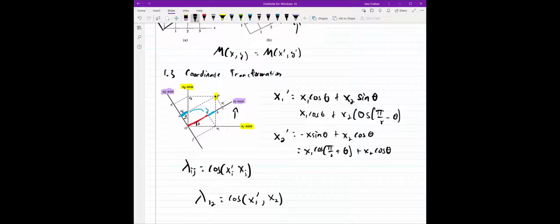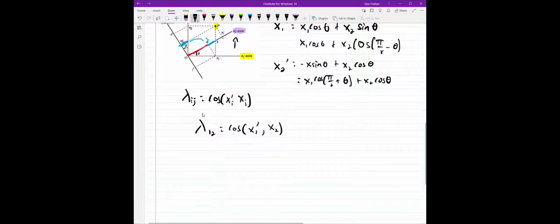if that makes sense. Okay, because this tells us the angle between the xi prime axis and the xj axis. So for example, the angle between this and this. And that'll just help us standardize our math.